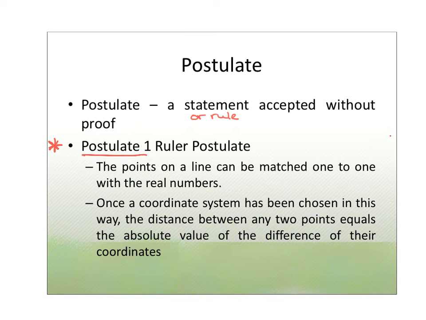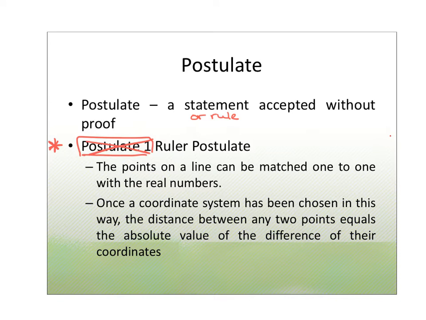The way that textbooks name theorems and postulates is the first time you learn something, that's postulate number 1. Then the second postulate that we learn about in this textbook would be called postulate number 2. So again, we're not going to memorize the numbers, just memorize if it's got a name or what it tells you to do.